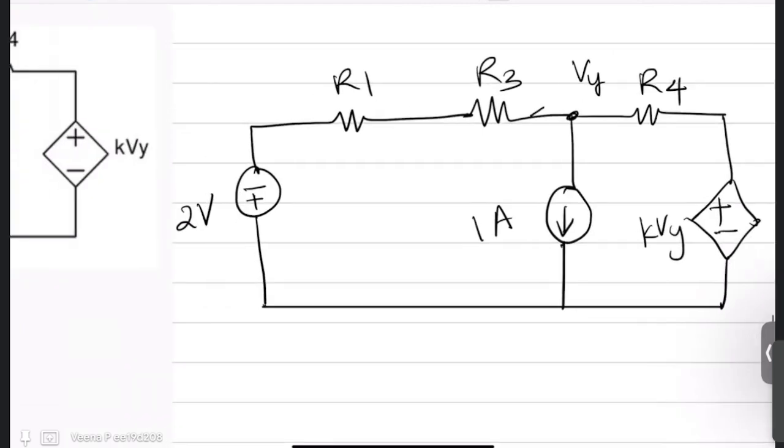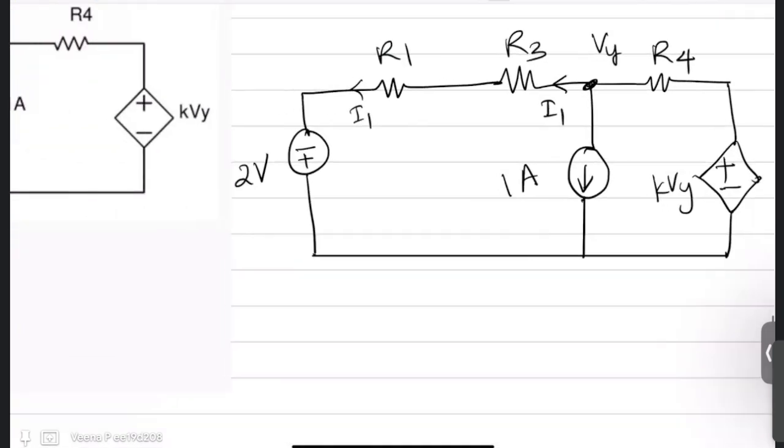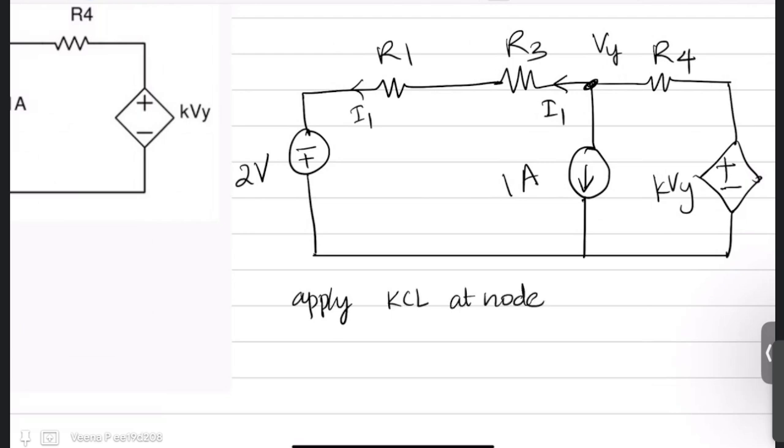Now if the current flowing through this branch is I1, that is the same current flowing here also. Now I can directly apply Kirchhoff's current law at this node, similar to the previous problem. So now apply KCL at node Vy. Now this is grounded.